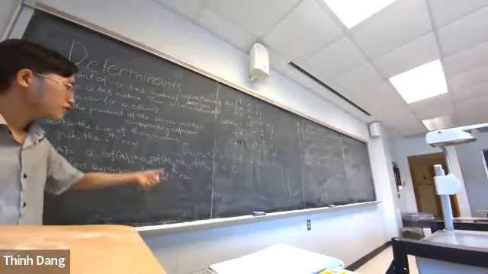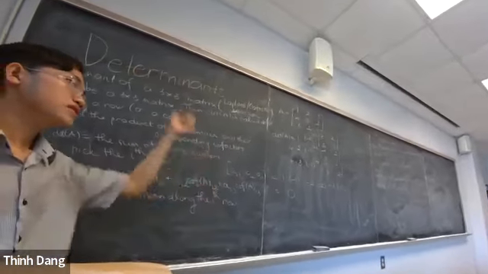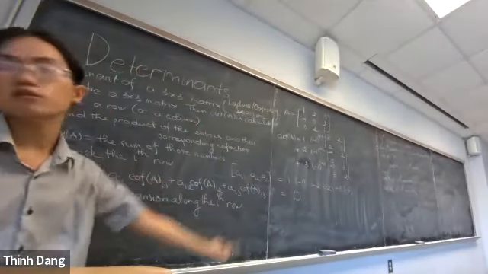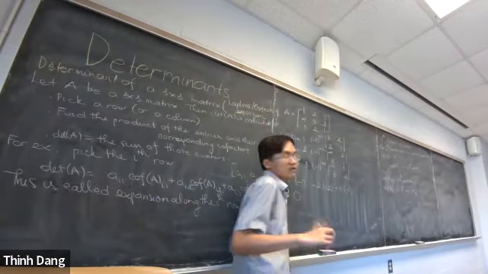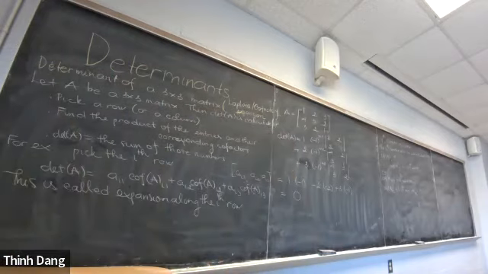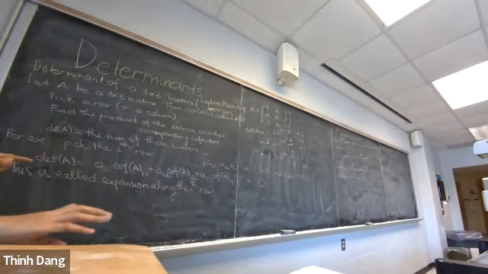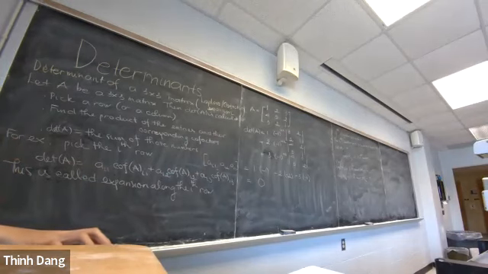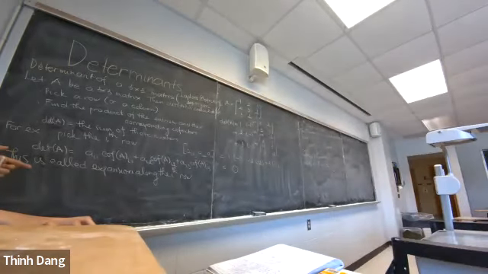Many of you can choose another way to calculate this determinant. You can pick the first column, the second column, whatever column or row you want, but the determinant would still be the same, would still be 0. So we have finished defining the way to determine the determinant of any 3 by 3 matrix, and actually this definition can be extended to any square matrices.